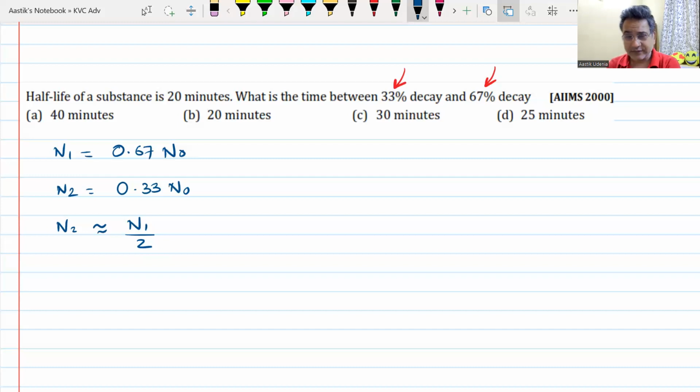It has become half. How much time would have gone? The time that would have gone would be 20 minutes, which is the half-life. Because between 33% decay and 67% decay, the number of nuclei becomes half, and after every half-life, the number of nuclei becomes half. So this is one very important question that you can remember.